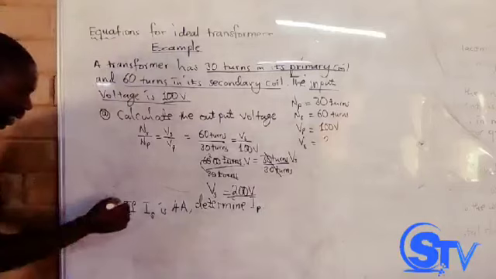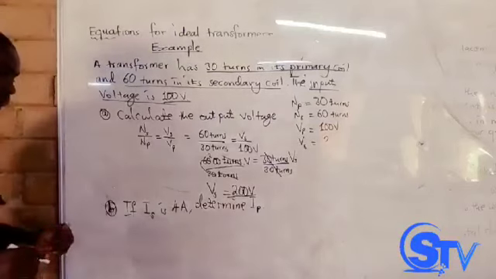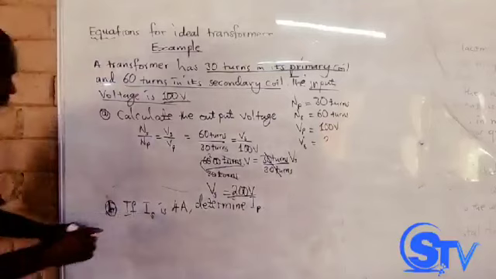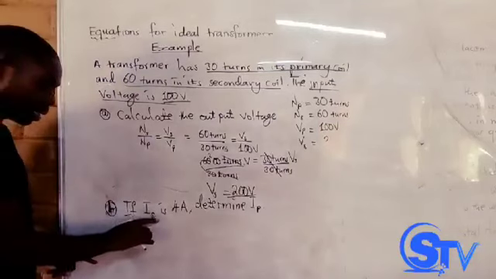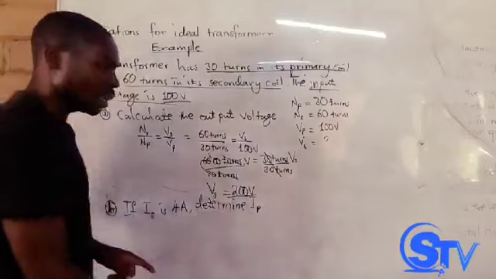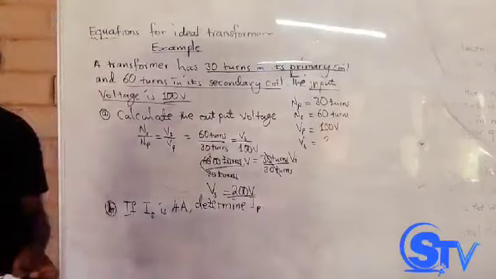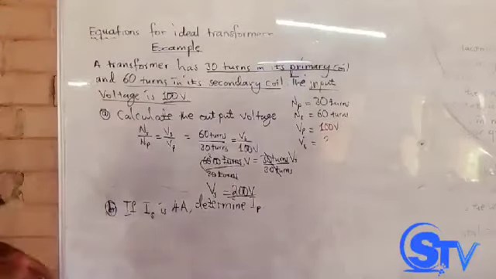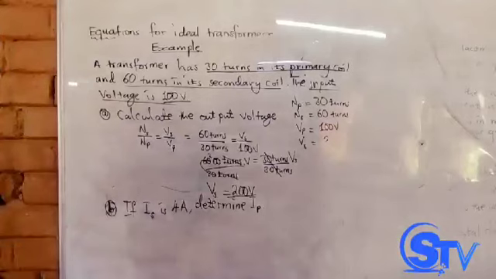When we come to the next part: if the current in the secondary coil is 4 amps, determine the current in the primary coil. So in this case, what we are going to do again here is very, very simple.